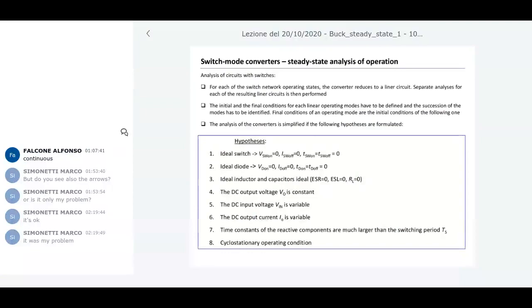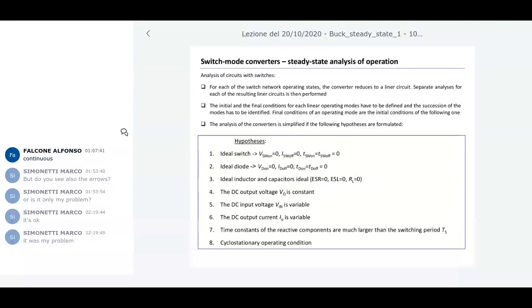For each of these two states, the circuit reduces to a linear circuit that we can analyze. Then you have to define the initial and the final condition in order to have a continuous analysis, and then identify the succession of the states.